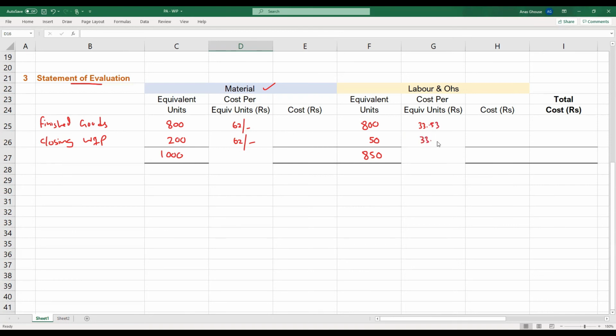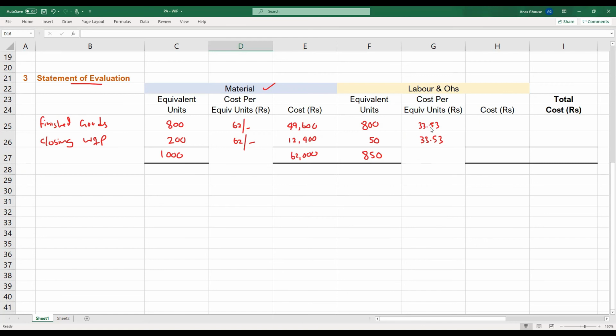So the material cost for finished goods will be 49,600, and closing work in progress 200 times 62 will be 12,400. So the total cost will be 49,600 plus 12,400, that will be 62,000. So this is with regard to material.